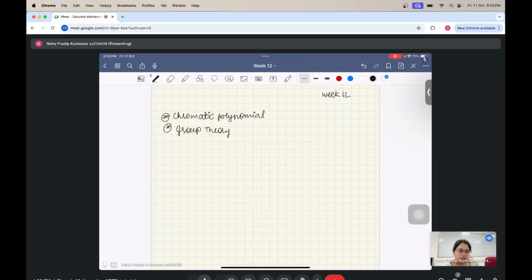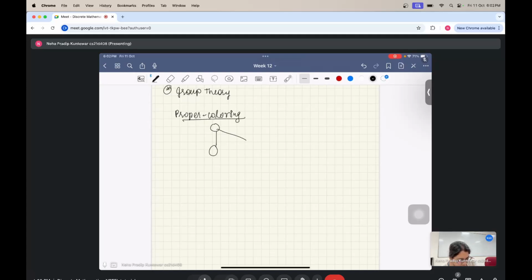So let's start by defining what a coloring of a graph is. We have seen this at some point in the course, but let's recall some concepts. Let's recall that we define proper coloring as follows. You're given a graph, and your job is to color the vertices in such a way that no two adjacent ones get the same color.